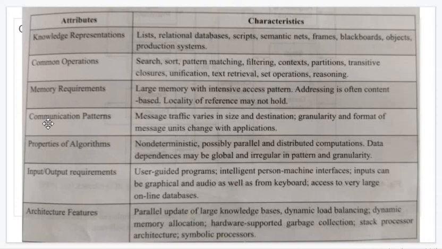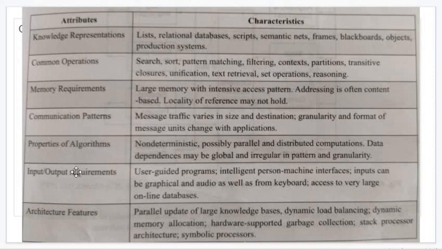Next, a symbolic processor attribute is the communication pattern, whether it is interprocessor communication, or through size and destination. Many of your CN protocols, TCP, IP, UDP, so many. Those are all called communication patterns. Next is properties of the algorithm, whether the algorithm you are using to calculate something is deterministic or non-deterministic, and whether it executes processes in parallel or not.